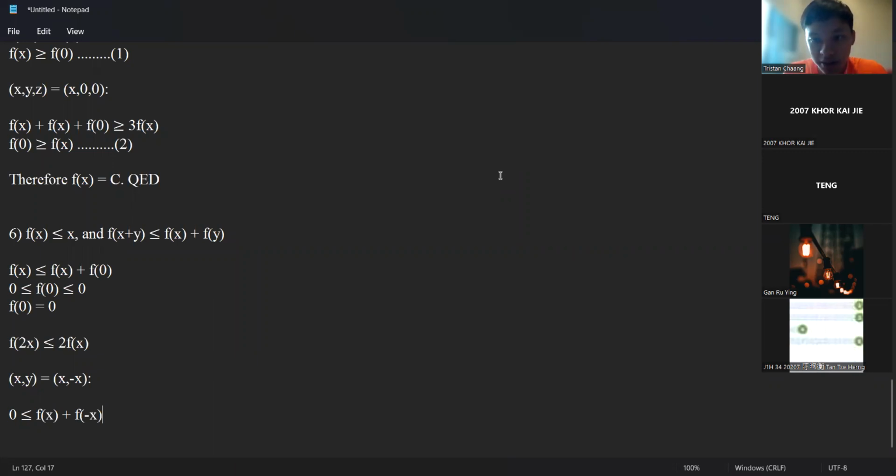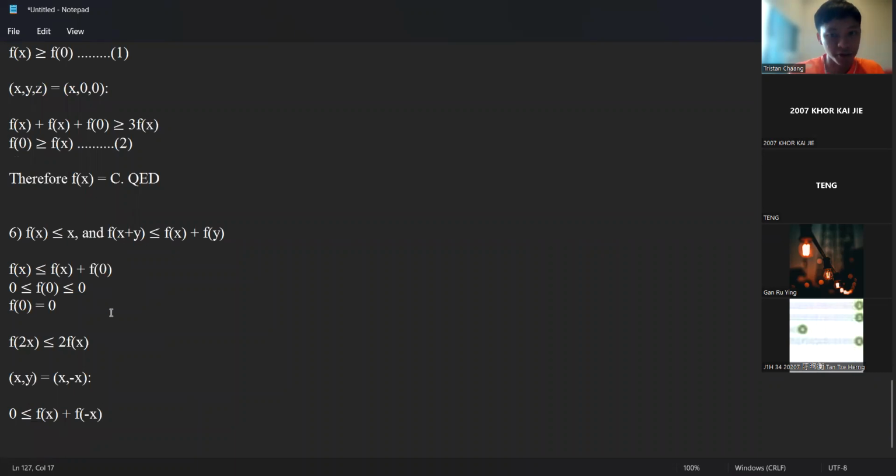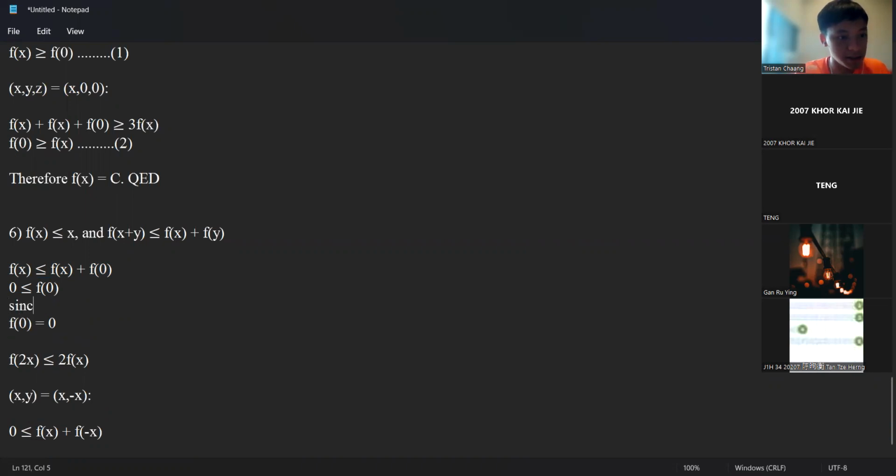Okay, another question. How do you get in the previous question to the conclusion that 0 is between? Which one? Okay, not the previous question, this question. This one. Okay, I see. So this one is from here. And then since f(x) is less than or equal to x, f(0) is less than or equal to 0.